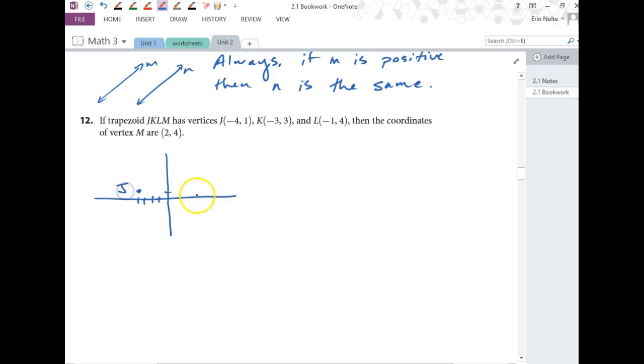There's J. K is -3, 3. L is -1, 4. Those are close together. And M is 2, 4. Wow, that looks good. That looks like a trapezoid.